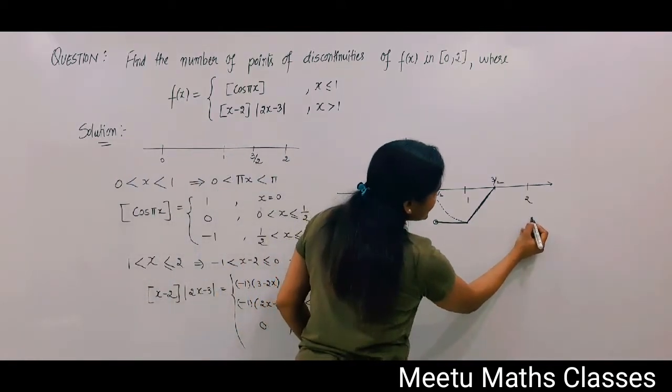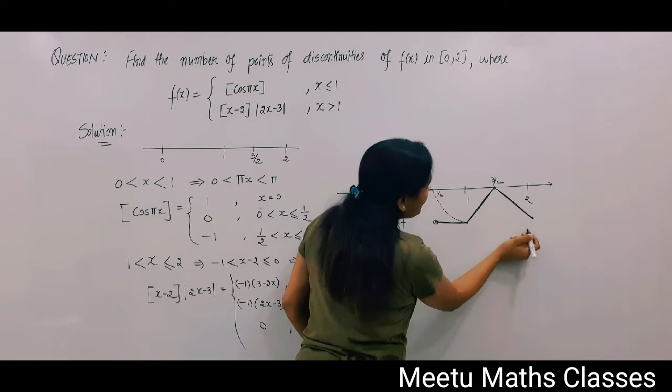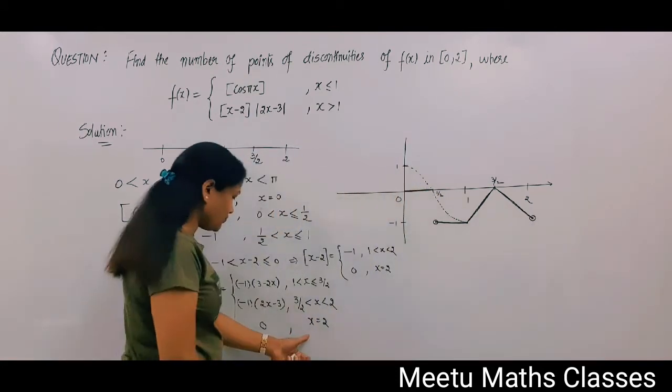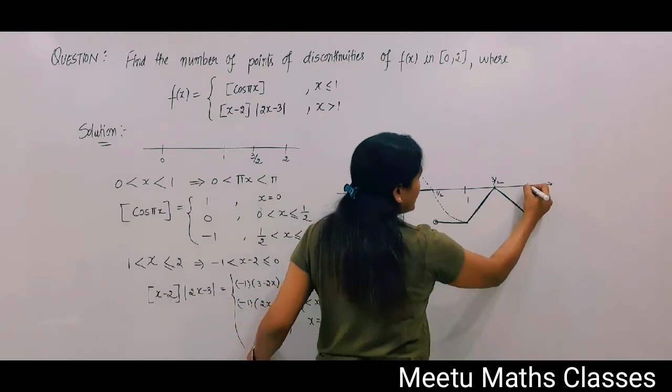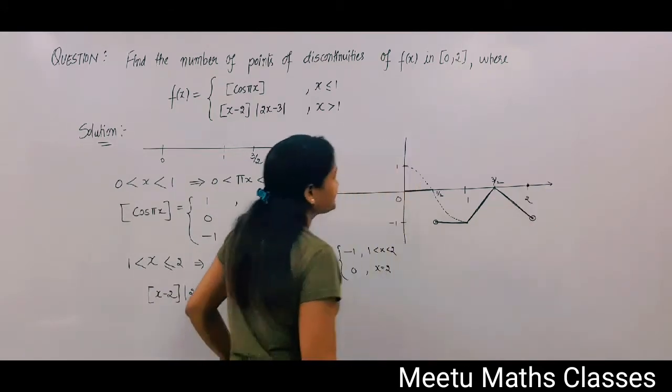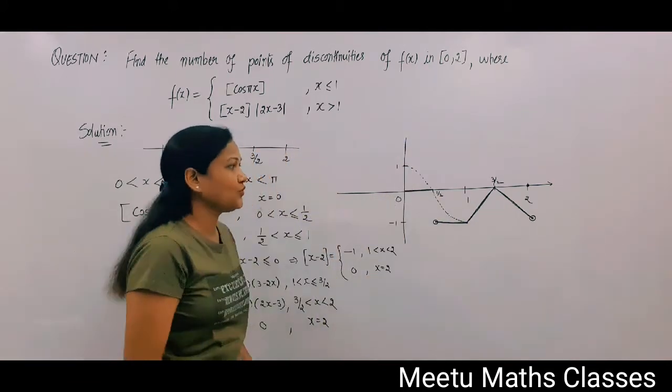So this is the point. So your graph is like this. But at x = 2, your graph will assume value 2. Now this is your final graph between 0 to 2.